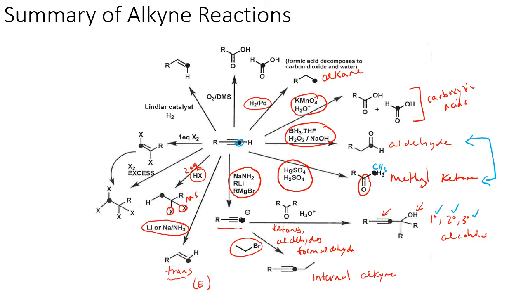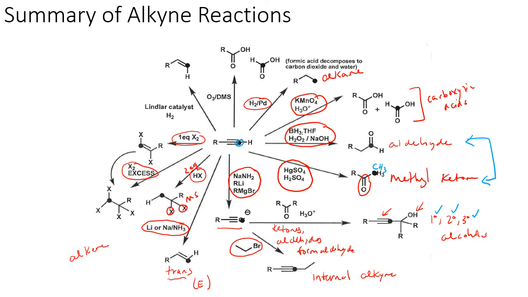If you had only used one equivalent of your HX, so HBr for example, you would have ended up with an alkene, and you would have had the halogen added to the more substituted side. You also could have a halogenation reaction where we have excess or we have one equivalent used, so same kind of idea here, only for example you'd be using Br2 or Cl2.